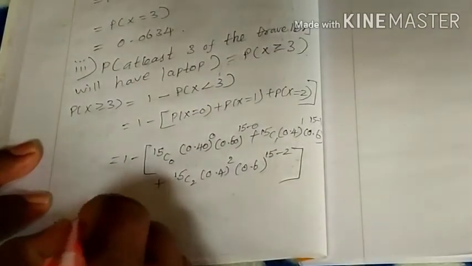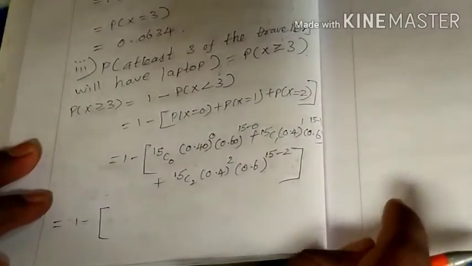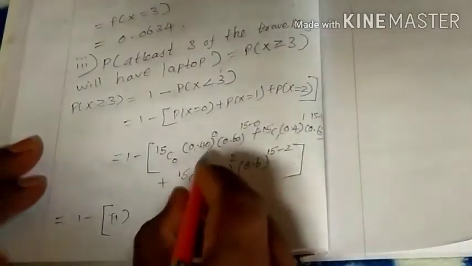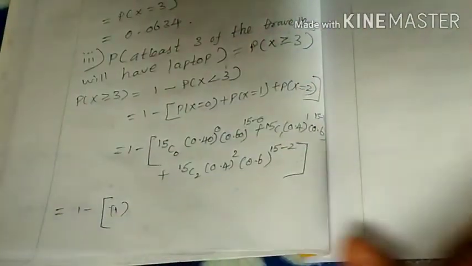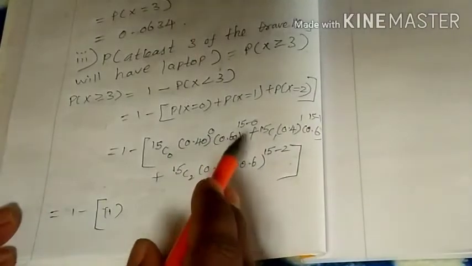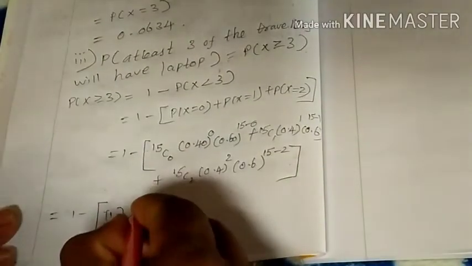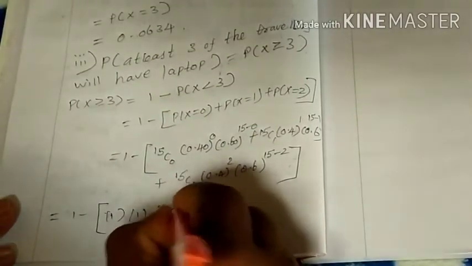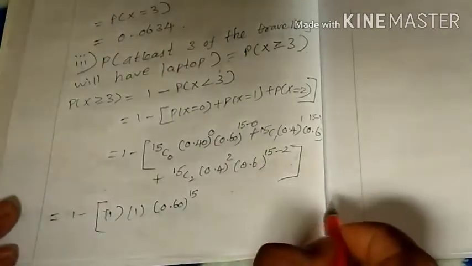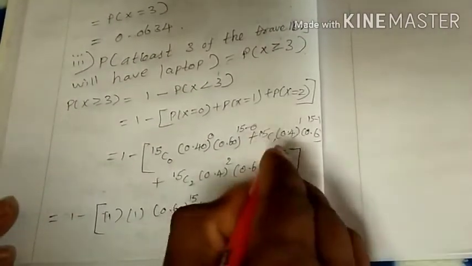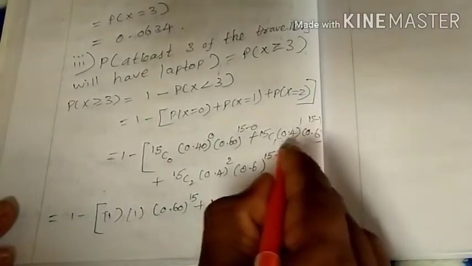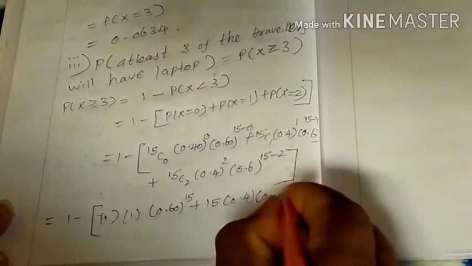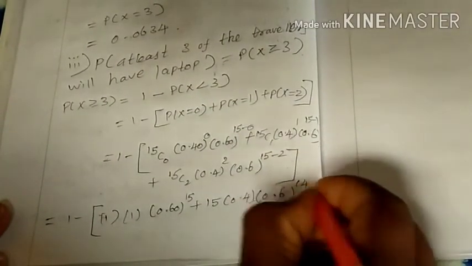Which is equal to 1 minus, then simplification. 15C0, nC0 answer is 1. Any number power 0 is equal to 1, into 0.6 power 15 minus 0, which is 15. Plus 15C1 equals 15, then 0.4 power 1 is 0.4, then 0.6 power 15 minus 1 is 14.